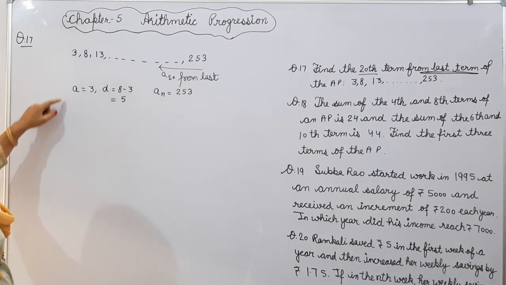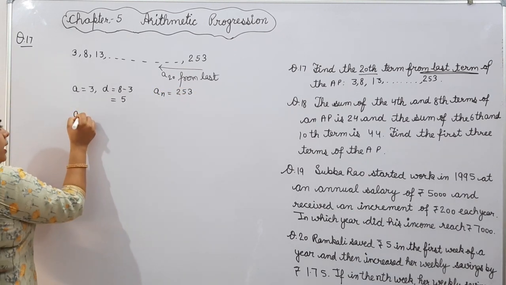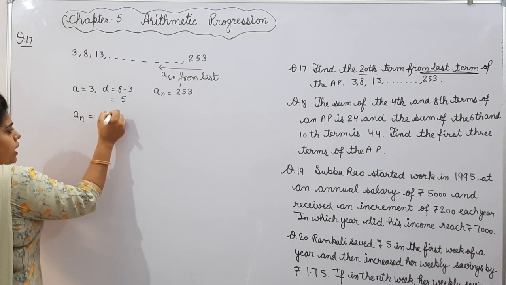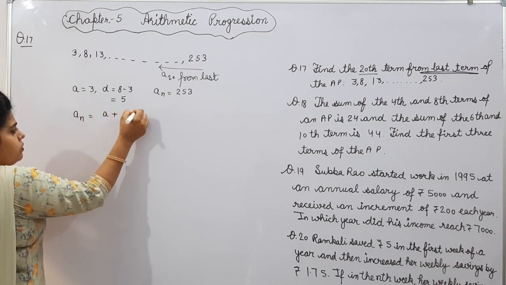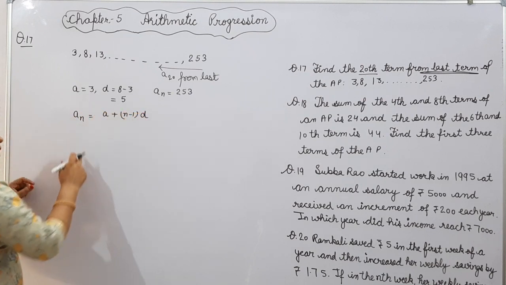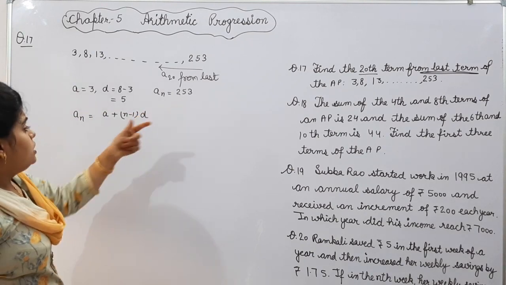So we will use the same formula: An is equal to A plus N minus 1 into D, and this An is equal to 253.